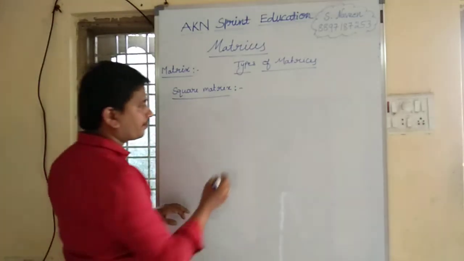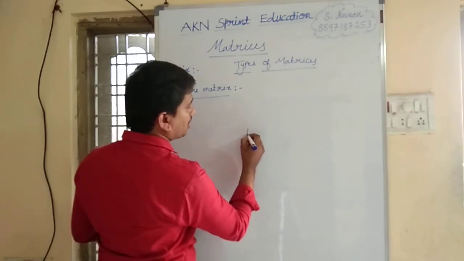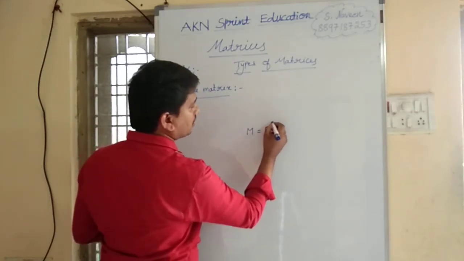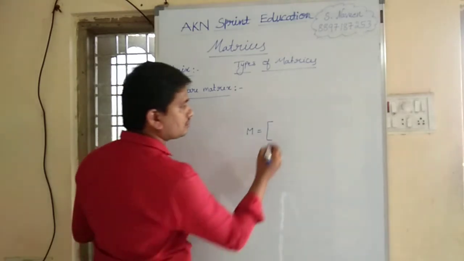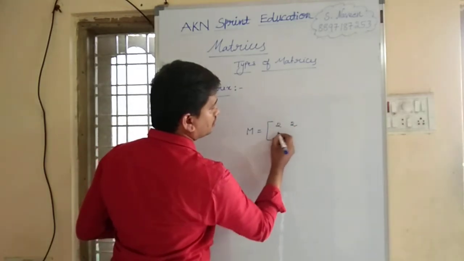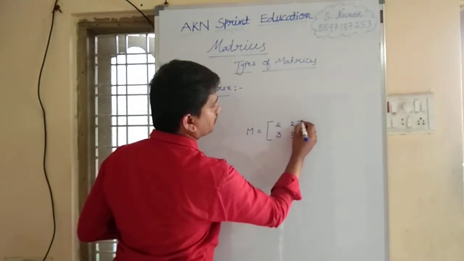Consider a matrix, for example, matrix M is equal to 2, 2, 3, 5.